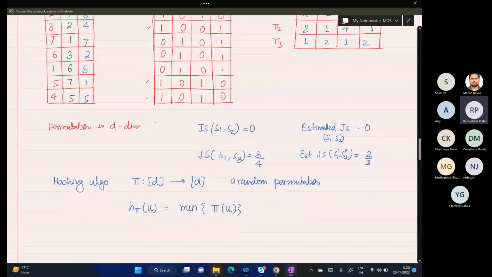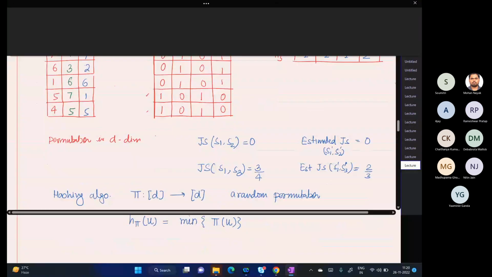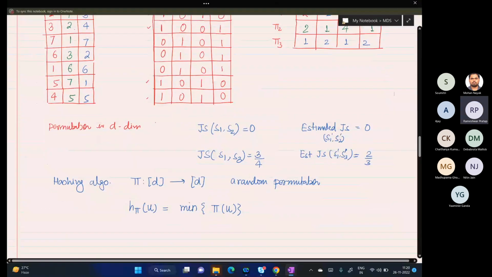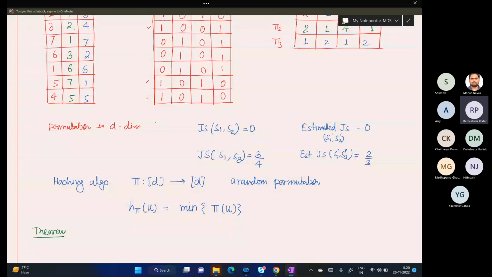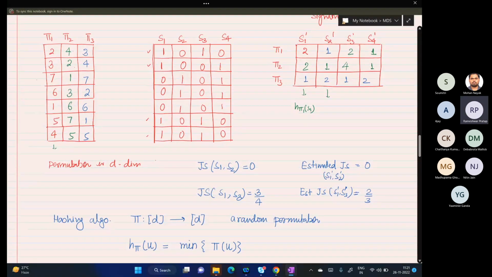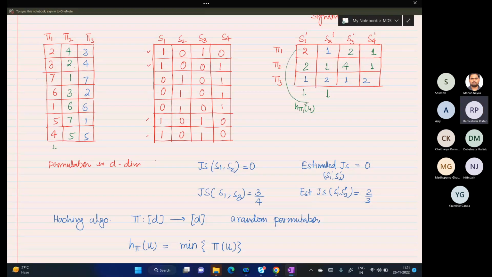So now, our theorem is: this is the entry for H pi1 S1, right?